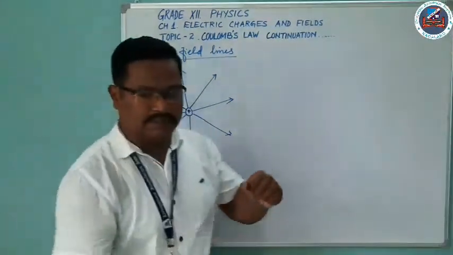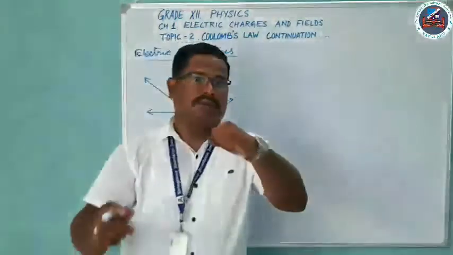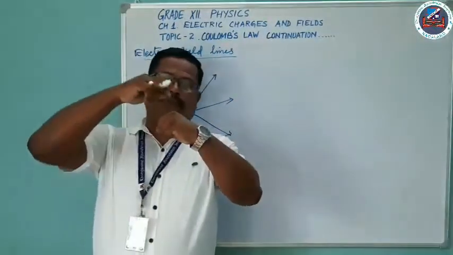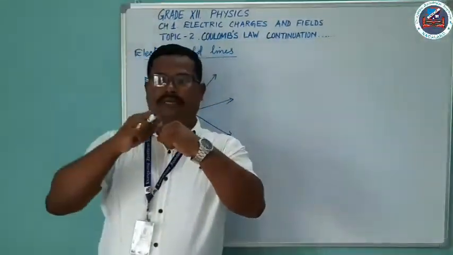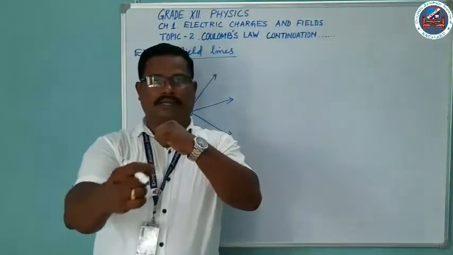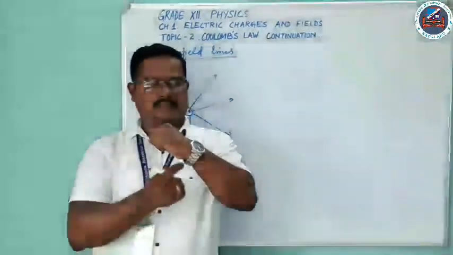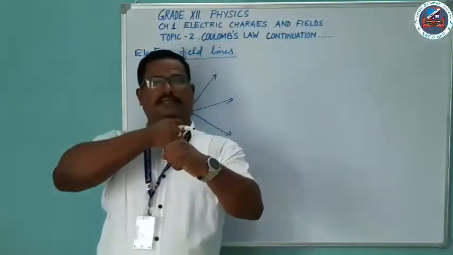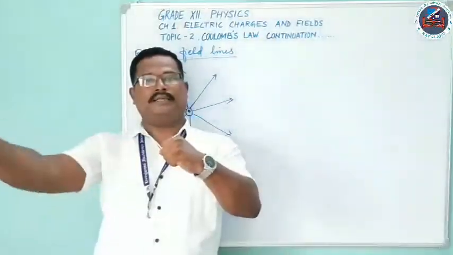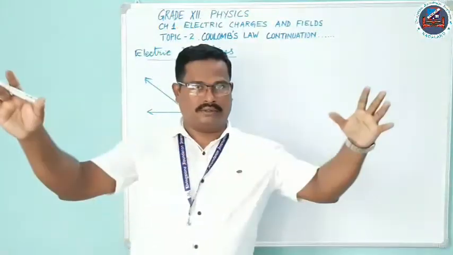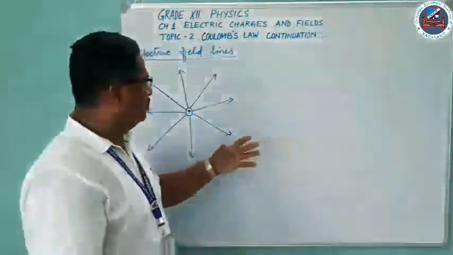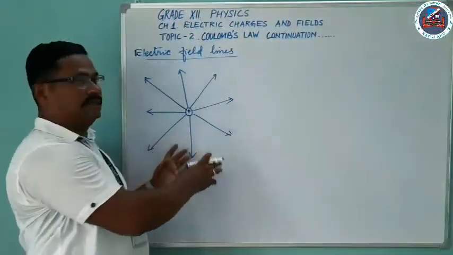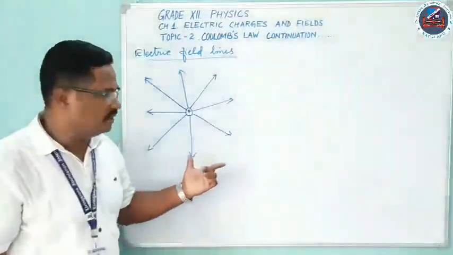Suppose this is the charge, then the field lines will go away perpendicularly in all the directions, down, this side, all sides. It will spread equally. On the board it appears two-dimensional, but in actual practice it is three-dimensional.